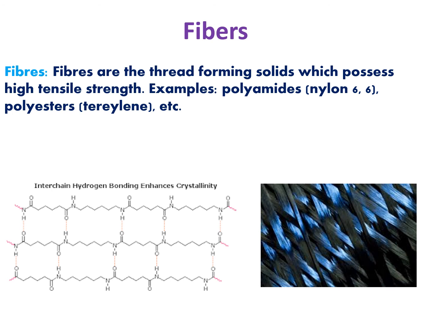If you observe the hydrogen bonding between the two polymer chains, this gives the highest strength to the polymer. So these are called fibers. They are used as thread-forming solid materials. Fibers, cable wires, optical wires, bulletproof jackets: they are used in applications in different fields.